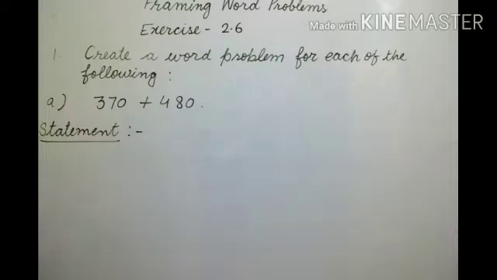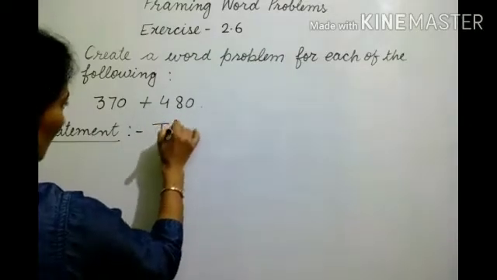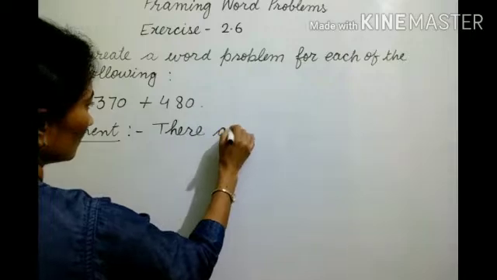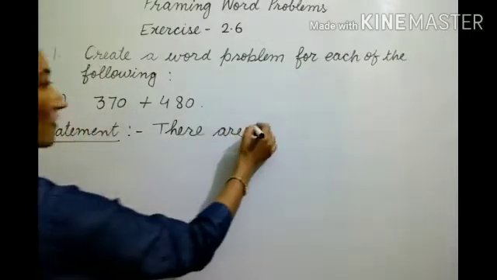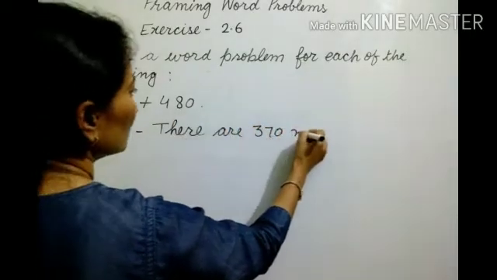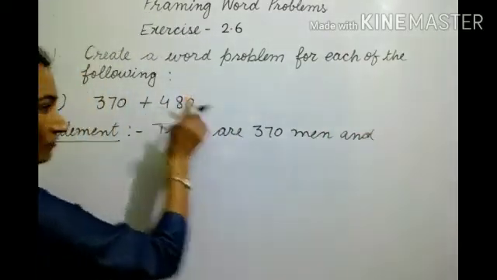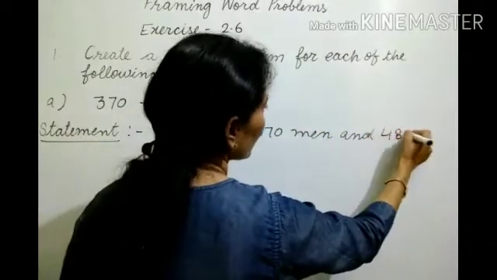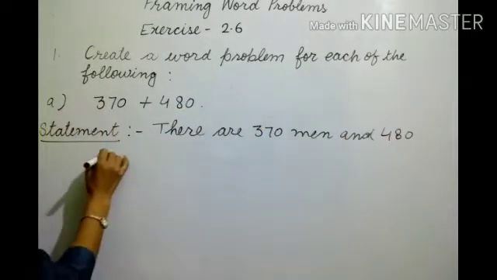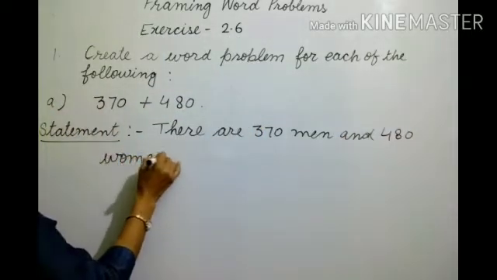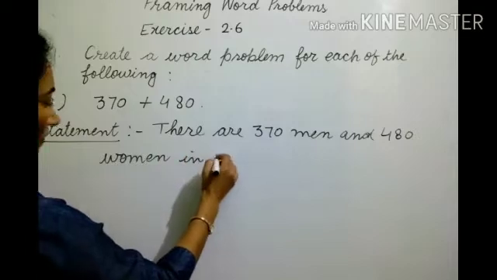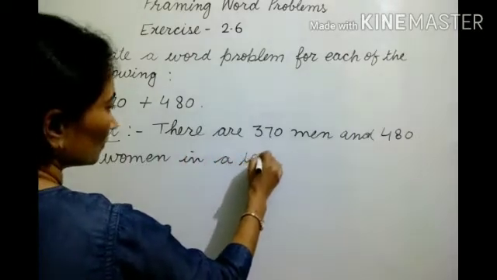There are 370 men and another number is 480 women in a town.